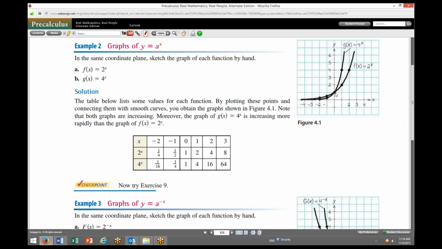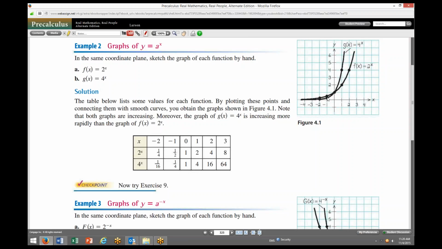Well, if you have 2, for instance, to the negative 1, if you recall your rules of exponents, any base to a negative power is simply 1 over that base to the positive power. Anything with a negative power does not give you a negative number. It simply gives you the reciprocal of the original base to the power being a positive number. So for instance, 2 to the negative 1 is the reciprocal of 2, which is 1/2.